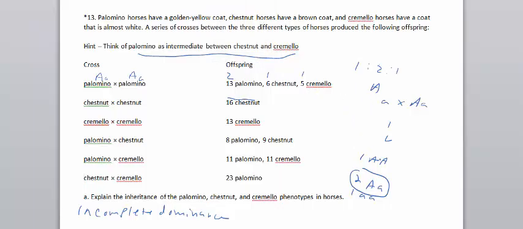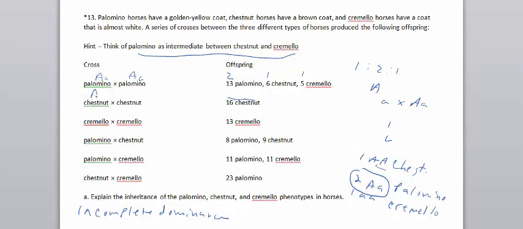So in this case we could just make this up and say these are chestnut and these are cremello. By making it up, I just mean we can designate big A as chestnut, and then these are palomino. And then once we have that, that just tells us everything we need to know. So we'll say chestnut.